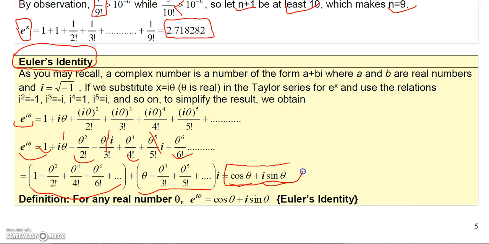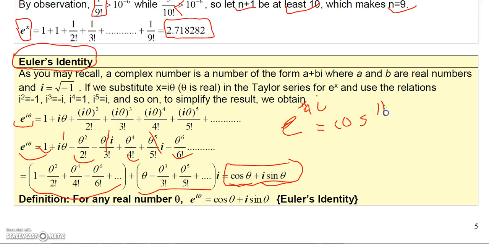So in other words, if you had e to the pi over 4, say that's theta, times i, then you can actually write that as cosine pi over 4. Just bear with me here for a second.